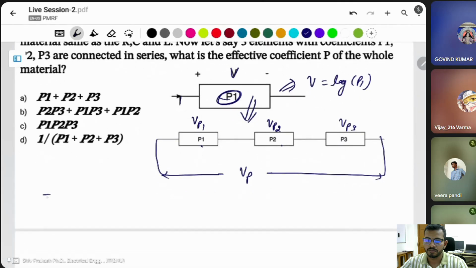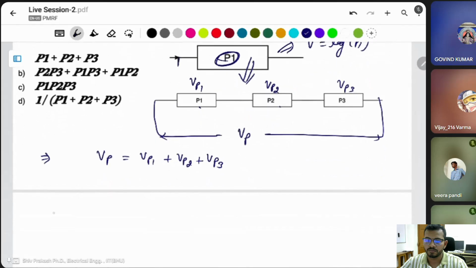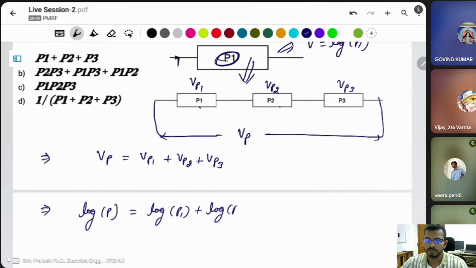And VP is VP1 plus VP2 plus VP3. As given in the question, this will be log of P1, this will be log of P2, plus this will be log of P3.